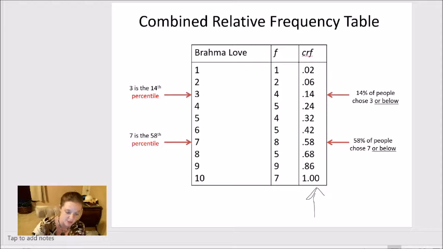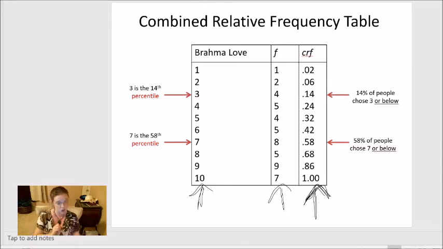This is still going to be the actual choices on the variable. This column is still going to be the number of people that fell into that choice. But then this last column keeps track of the running total of proportion or probability.